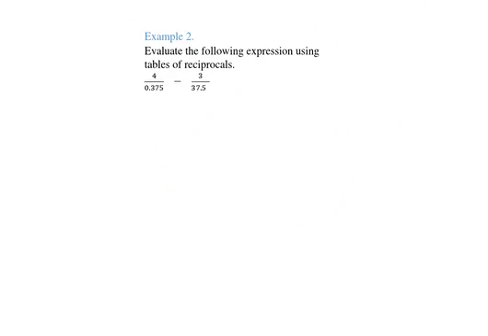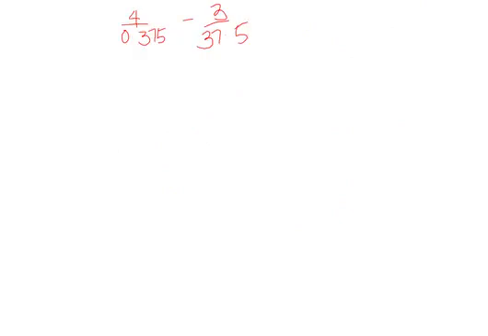So you can rewrite this as 4 multiplied by 1 over 0.375 minus 3 multiplied by 1 over 37.5.